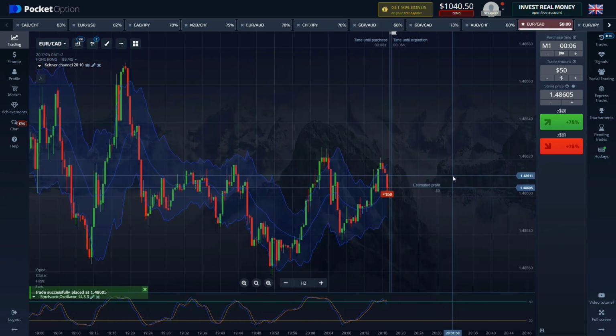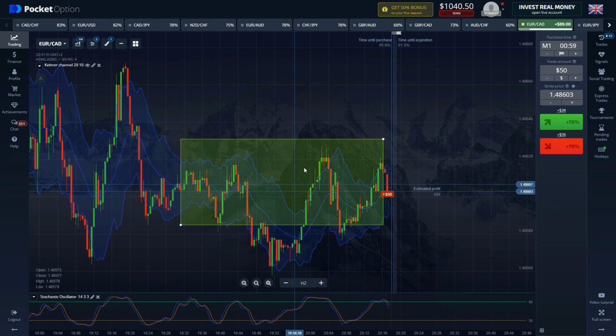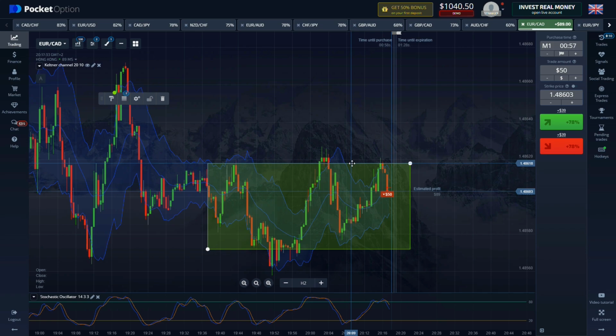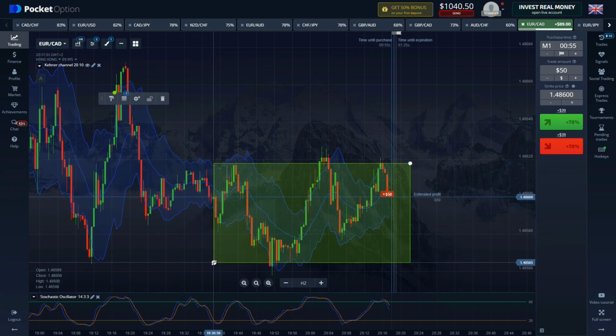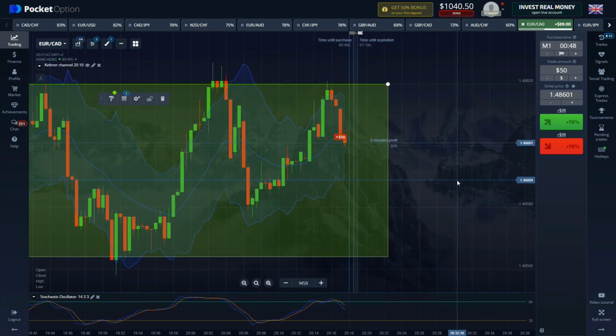Let's go. You can see market is going sideways. So it will be great trade.